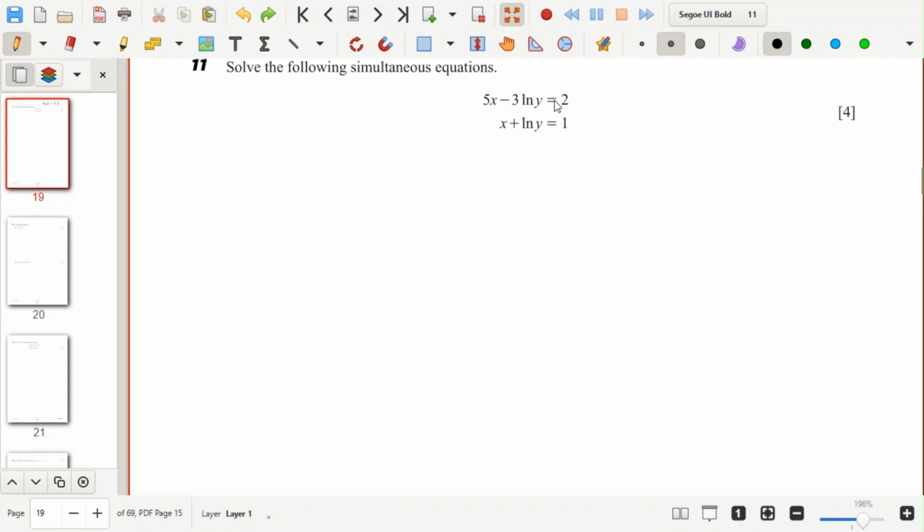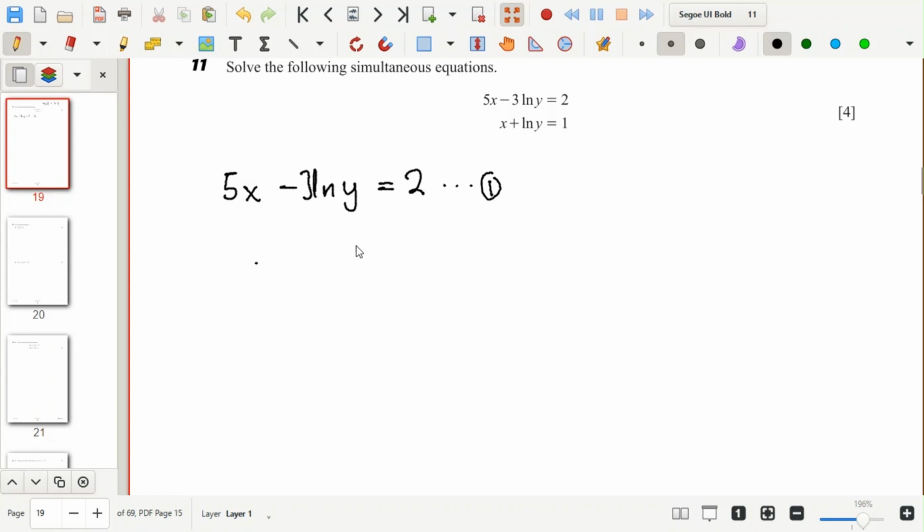Now, let's look at this. So, let's call this one. This can be written as the first one. Equation 1.